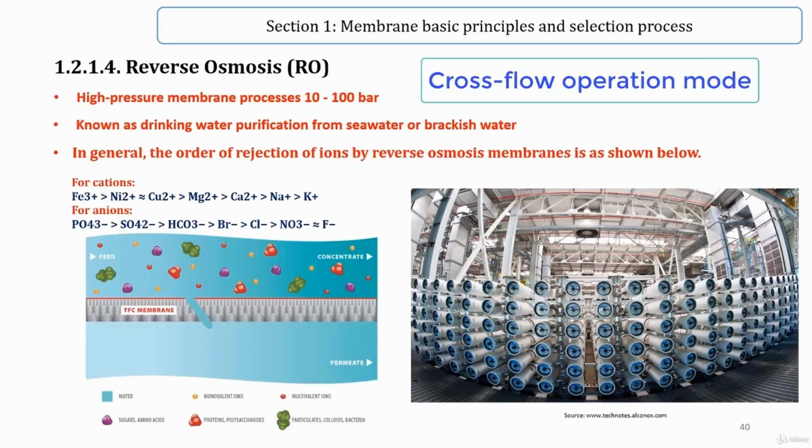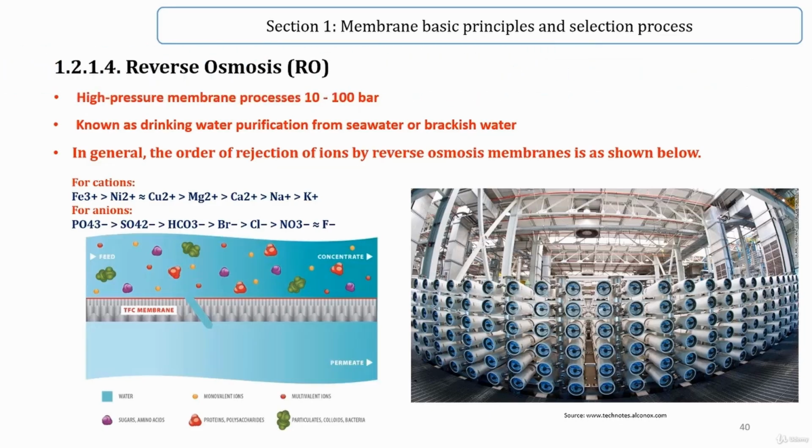The most common operation mode of reverse osmosis is the cross-flow mode, to allow the membrane to continually clean itself, and it's very important for recovery and increasing the lifetime. In general, the order of rejection of ions by reverse osmosis membranes is as shown here, for cations and anions, from ions with more charge to ions with less charge respectively.